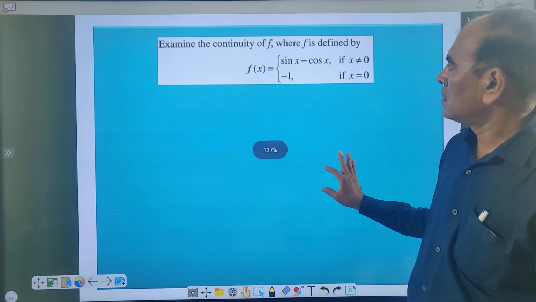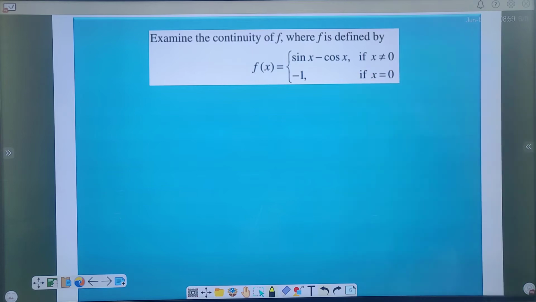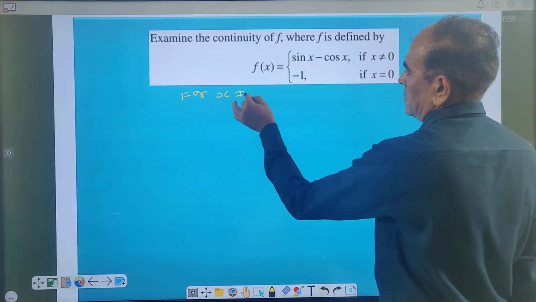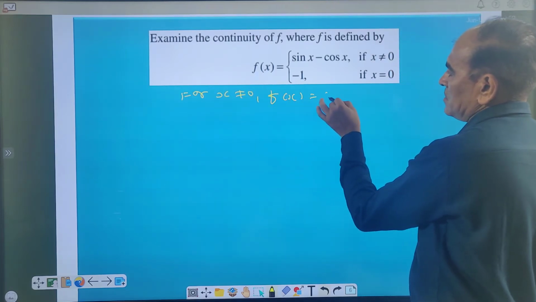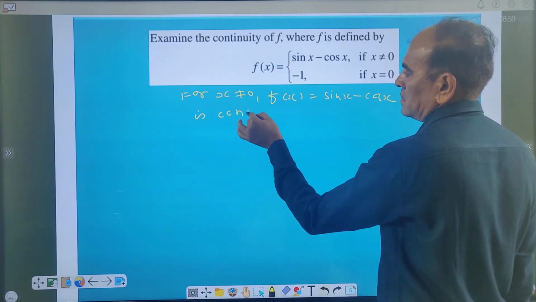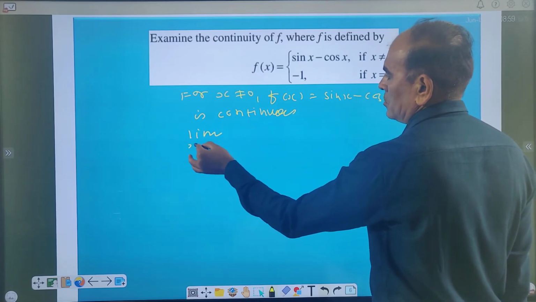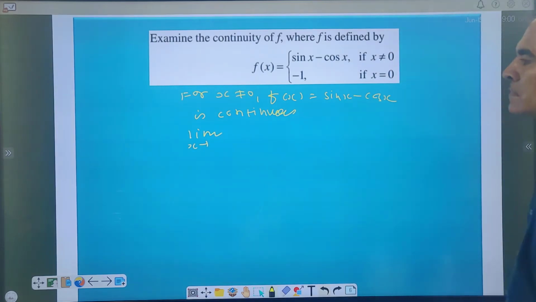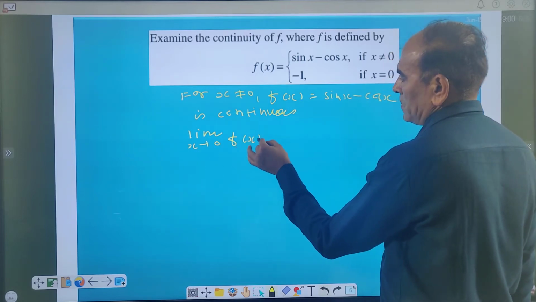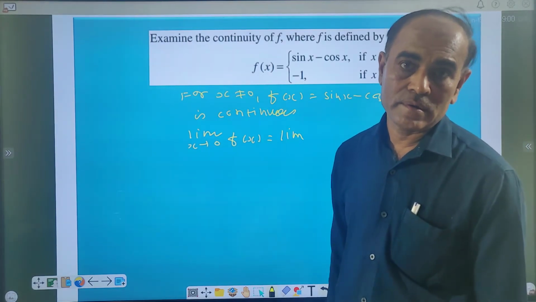Next, examine continuity of the function defined here. What is given? For x not equal to 0, f of x is a difference of two continuous functions, so it is continuous. Next we need to find continuity at 0. For x tends to 0, f of x, here it is an ordinary function, so we have to take the direct limit; there is no need to take left limit and right limit.